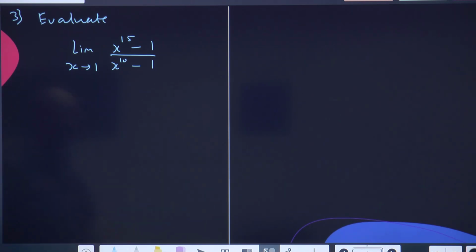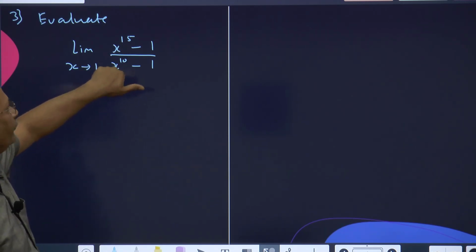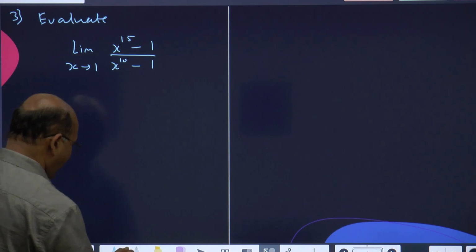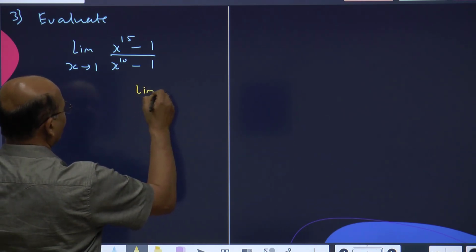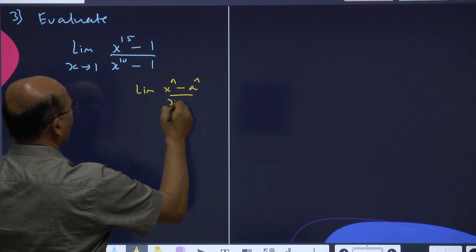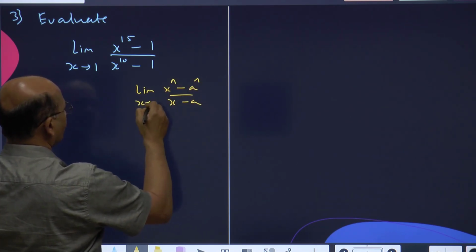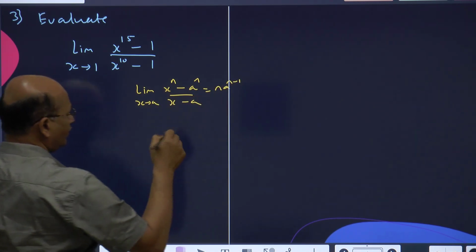So remember one thing in limit sums, whenever you have a big power, these two formats I want you to always remember. Limit of x raised to n minus a raised to n upon x minus a as x approaches a is n a raised to n minus 1.